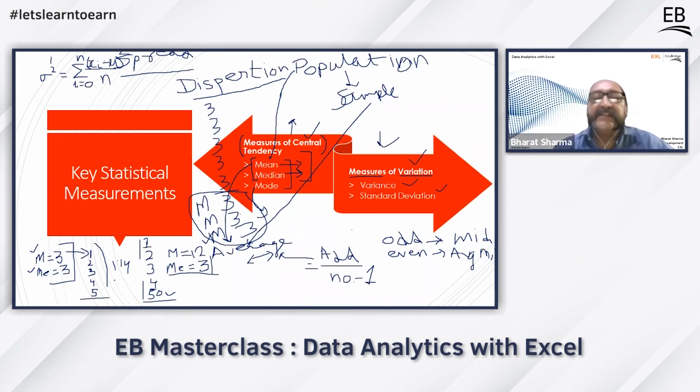Here the variation is 1.14, and it is unitless, so it will take the unit of your data. But in this data, my variation is 0. There is no variation. So when I have to compare, I have to look at both measurements, central tendency as well as measure of variation. Got it, people?